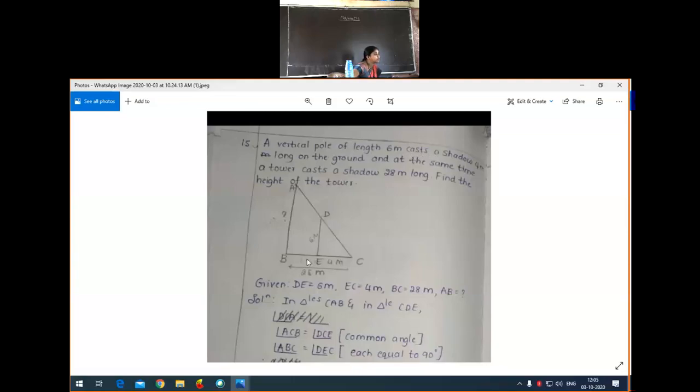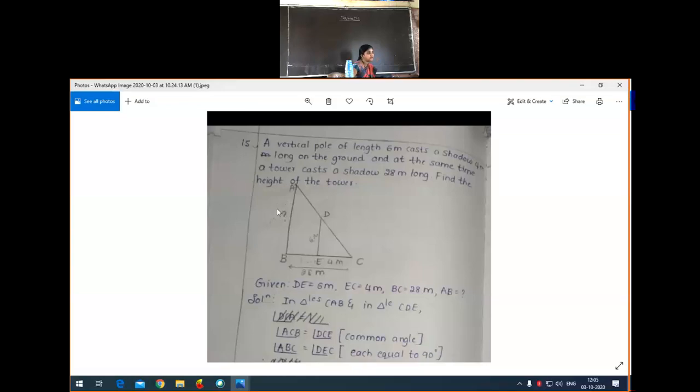A vertical pole of length 6 meter. Now we are taking this one as DE, one vertical pole. This vertical pole's shadow is here, 4 meter. Next, at the same time, a tower casts a 28 meter long shadow. Find the height of the tower. We are taking the height of the tower as AB.